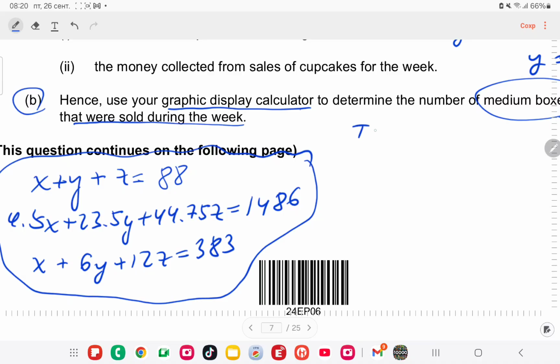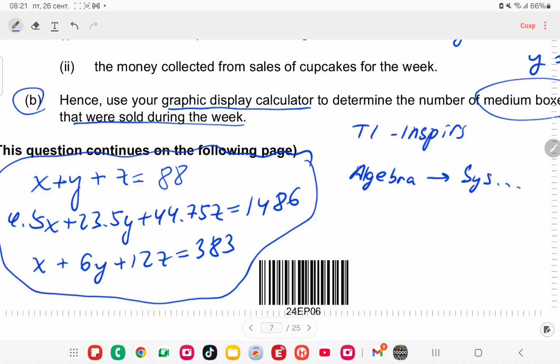On the TI-Nspire you go to the main menu with the calculation button and press enter. Then you choose algebra, then system of equations.